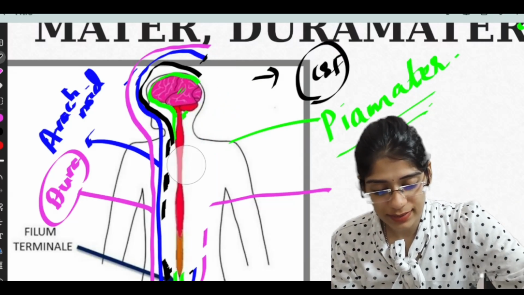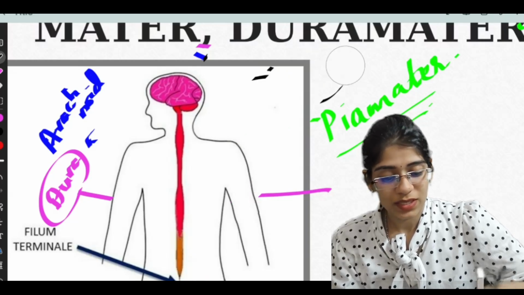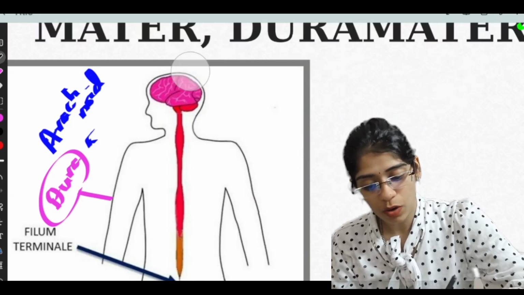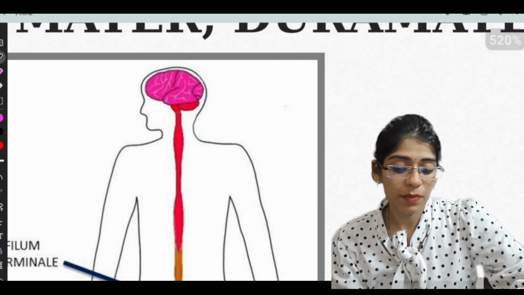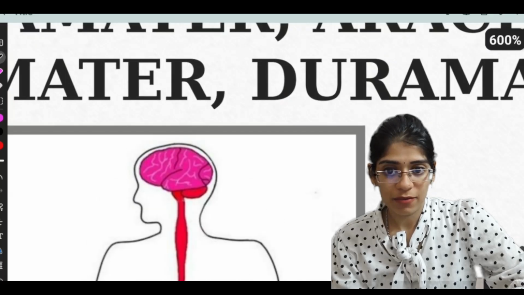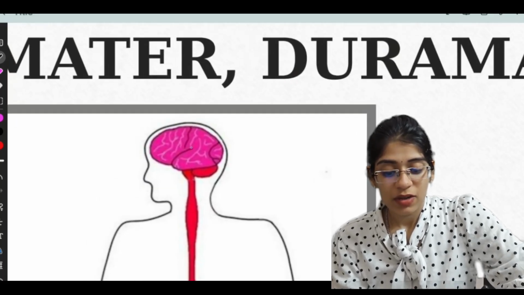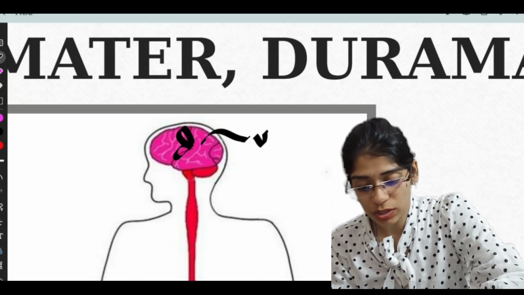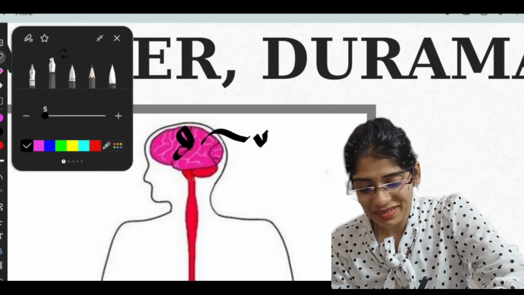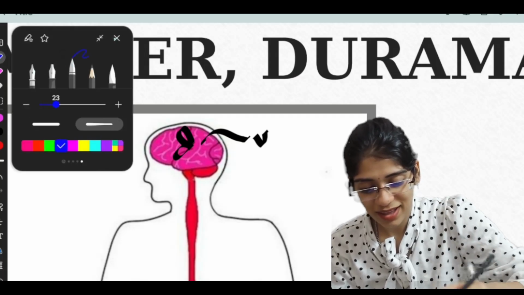Let me just erase it. See, the cerebrospinal fluid, we learn about ventricles. That's an important topic. As of now, remember that in the brain, this is the brain, we have got structures called what, you know? Ventricles.